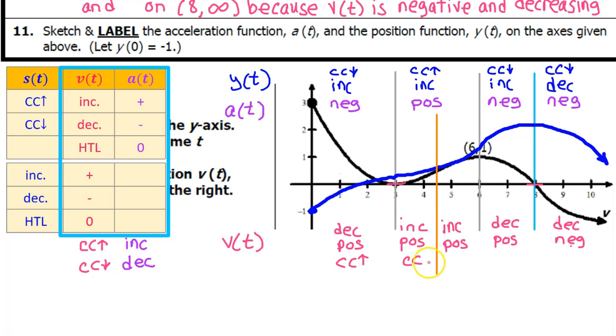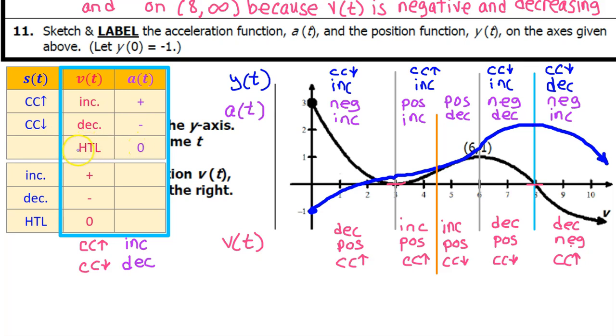Now I can continue labeling velocity as concave up or concave down in each one of these intervals. Now let's use this information about the concavity of velocity to label acceleration as increasing or decreasing in each of these intervals.